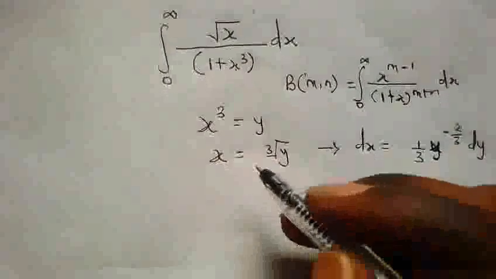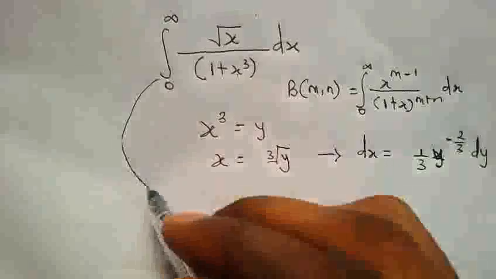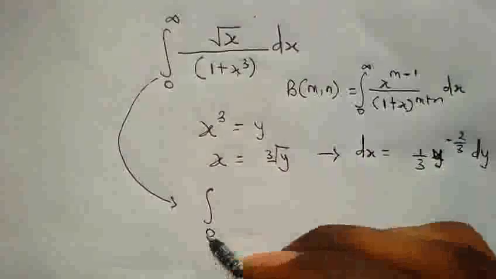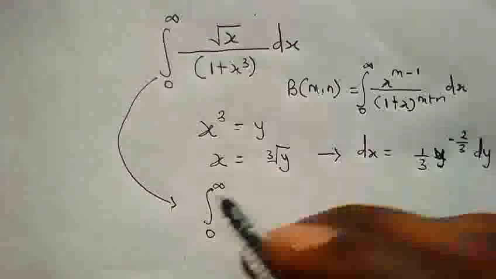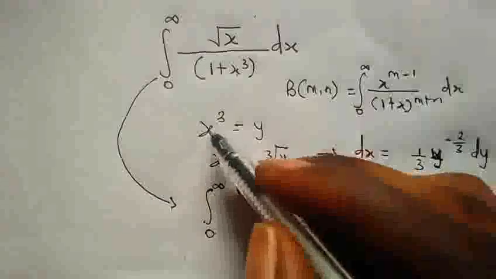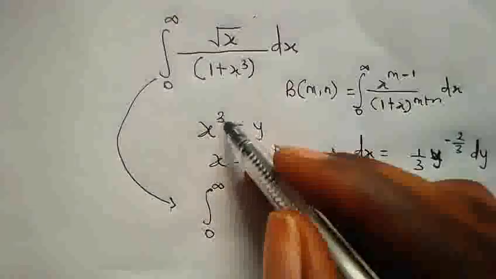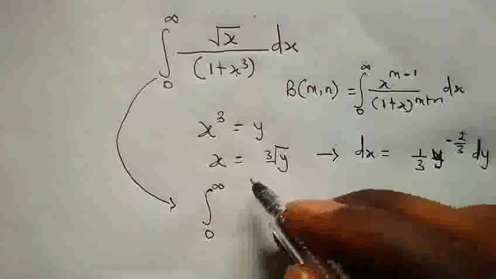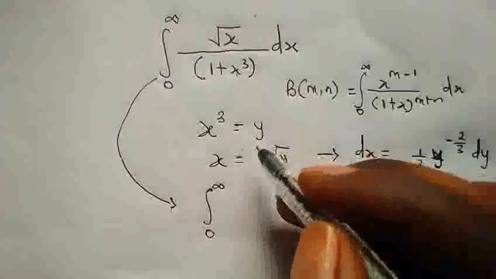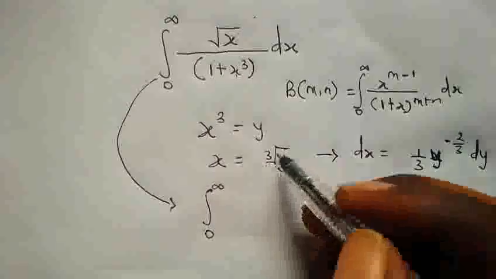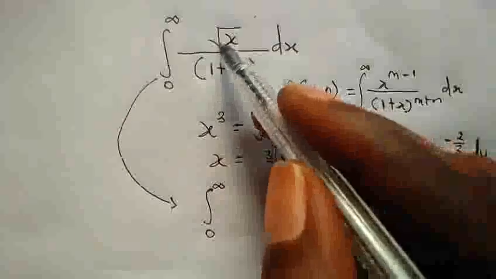Now we have the integral, and the limit remains the same, from 0 to infinity. Why do I say the limit remains the same? Here we have y equal to x cubed: when x is 0, we get 0 cubed is 0, and infinity cubed is infinity. Here we have x equal to the cube root of y, but here we have the square root of x.